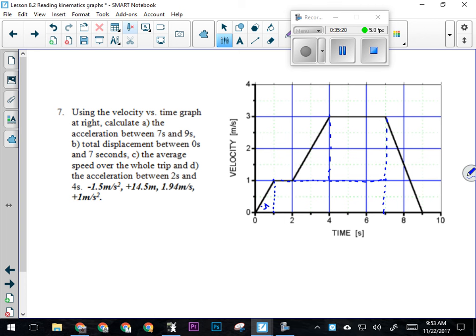Then this rectangle that's 1, 2, 3, 4, 5, 6 by 1, so it's 6 meters. Then this triangle that's 2 high by 2 wide, so it's 2. And this one that is 2.5 by 2, which is 5. They're all positive because they're all above the x-axis. If I add them up, I should get 14.5 meters.